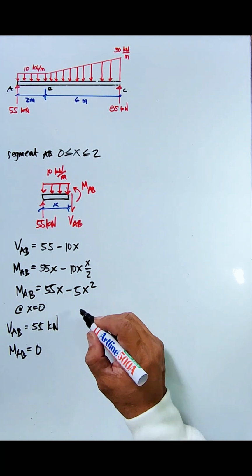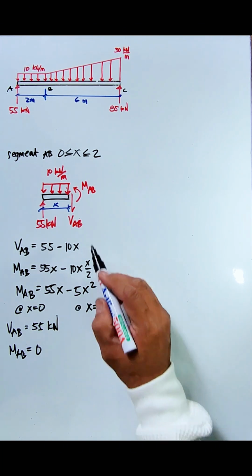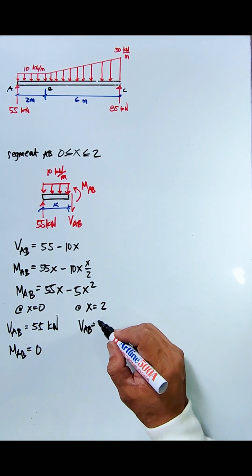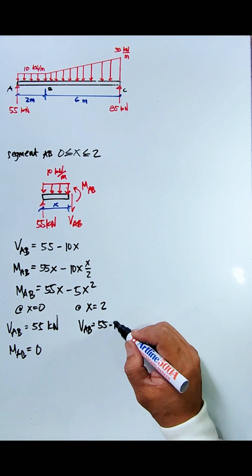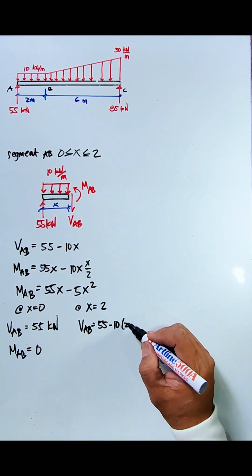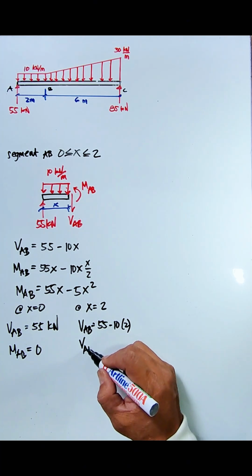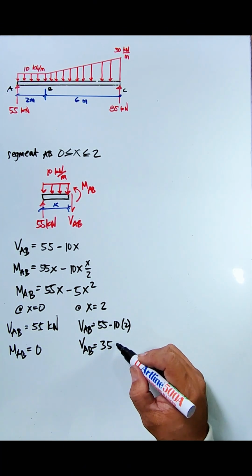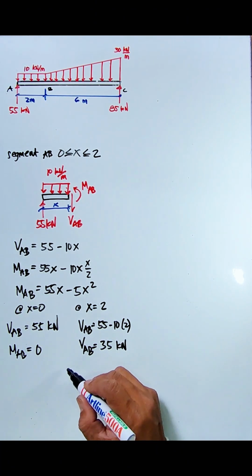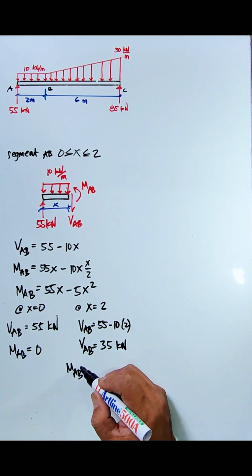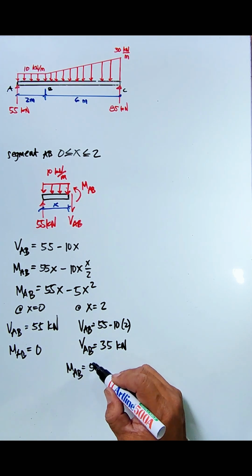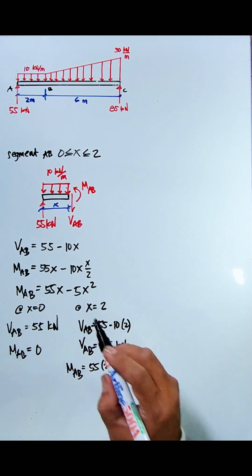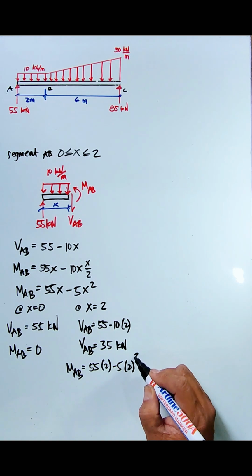And then at x equals 2, VAB is 55 minus 10 times 2. So that's 55 minus 20, that's 35 kilonewtons. And moment AB is 55 times 2 minus 5 times 2 squared.